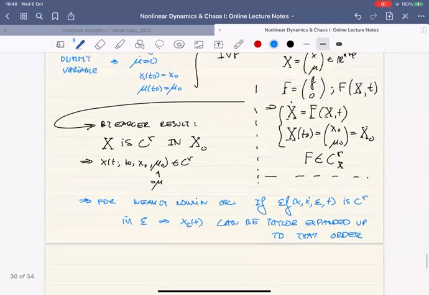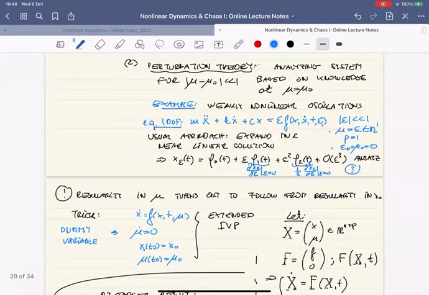So it's not an assumption, it's a given, it's a fact.